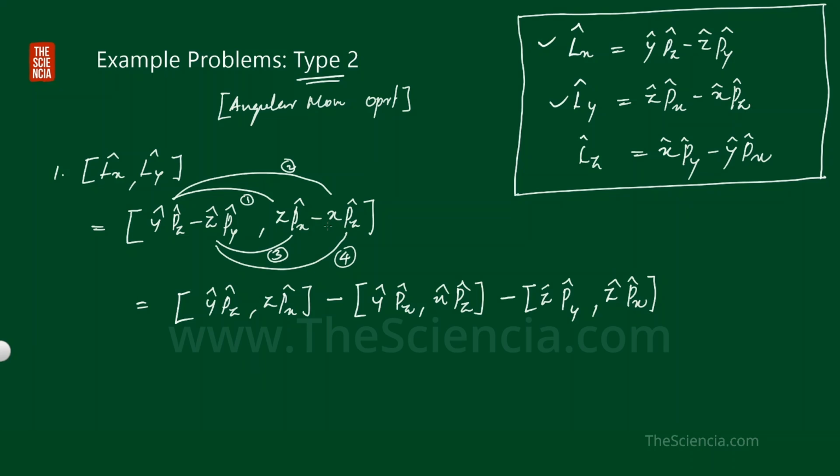Minus and minus, there are 2 minuses, so it becomes plus the commutator bracket of z cap py cap comma x cap pz cap.